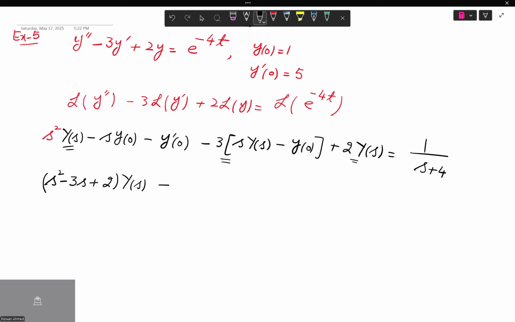Minus s times y of 0. y of 0 is 1, so it is then s. y prime of 0 is 5, so it is minus 5. And then minus 3 times y of 0, which is 1, so 1, is equal to 1 over s plus 4.